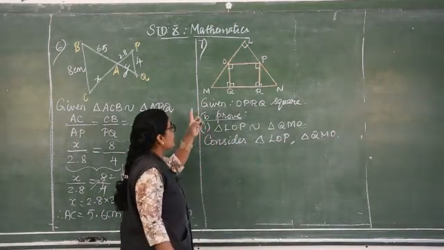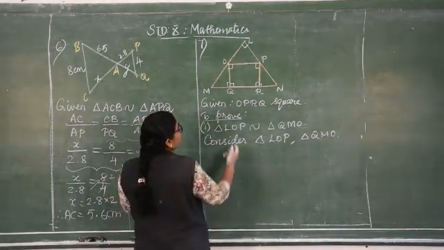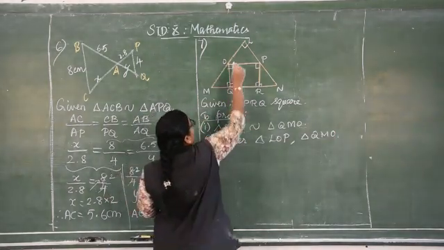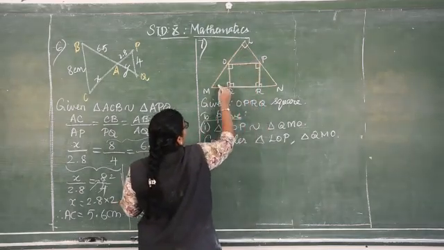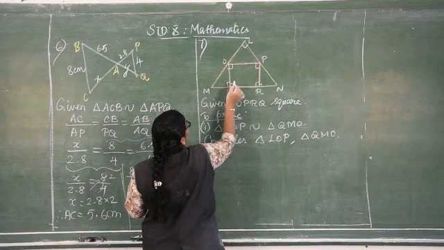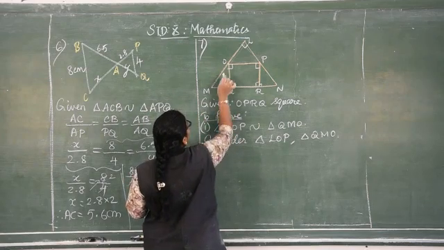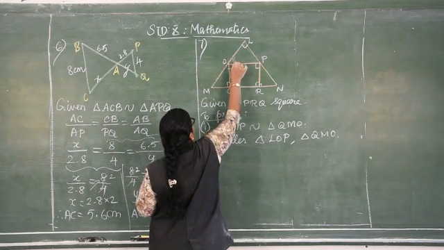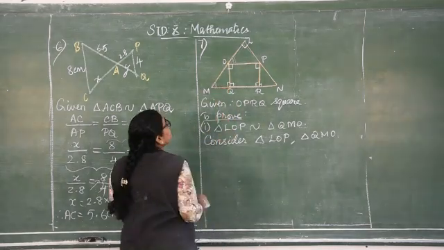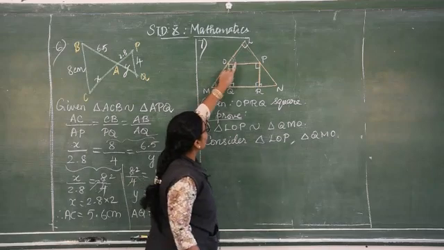If you want, we can draw them separately. Then it will be easy for you. This first triangle LOP, and this one triangle QMO. Can you understand now? So these two, what will we say? Similar, that is corresponding angles.